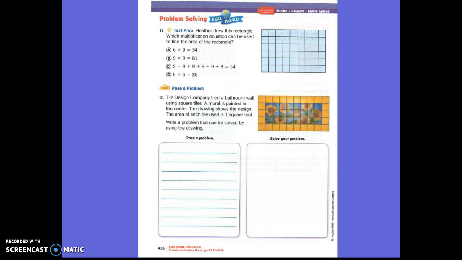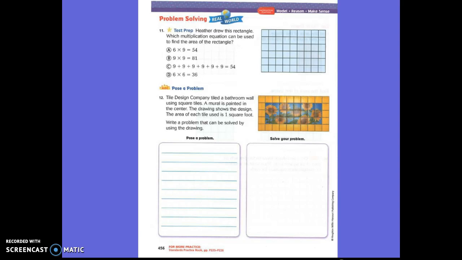How much more area, or how many more square feet, is the painted area than the non-painted area? Do you know what I mean by that? Yeah, because the outside is just yellow. So you could do a subtraction problem there, right?